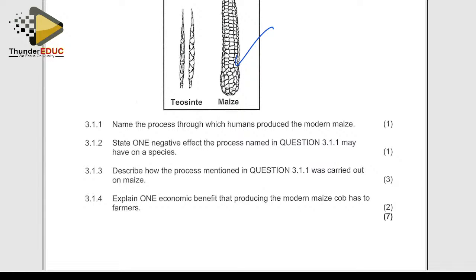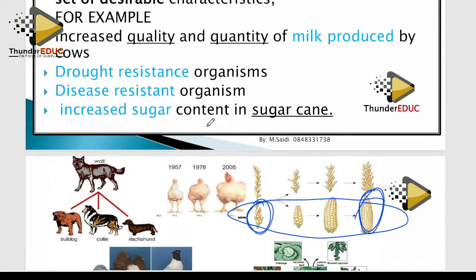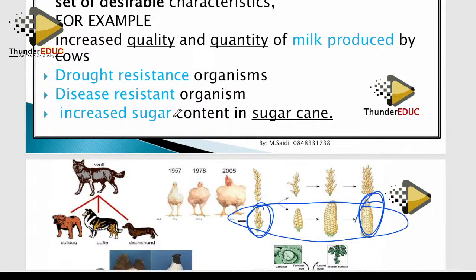Okay, we are done with that. Explain one economic benefit of producing the modern maize cob to the farmer. The modern maize cob brings about more food availability, and then they can sell and get money. Number two, you can also talk about increased resistance, but is that economic? Yes. If it can resist drought, then automatically the person will get more money.